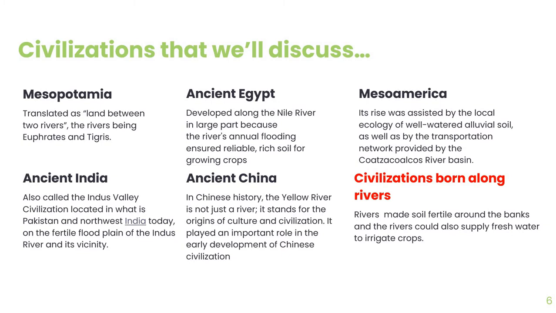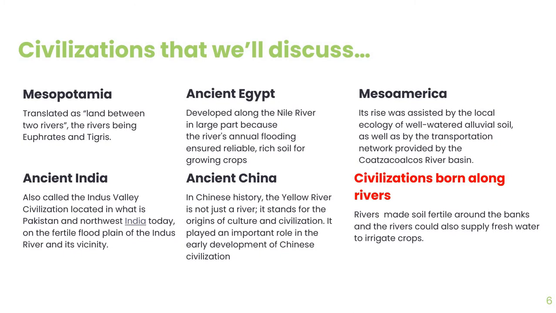And if you notice the brief description of each of these civilizations, there is a common denominator, or common ground, among them. If you look closely, these are civilizations that were born along rivers. There is a river that became critical to the development of these civilizations.